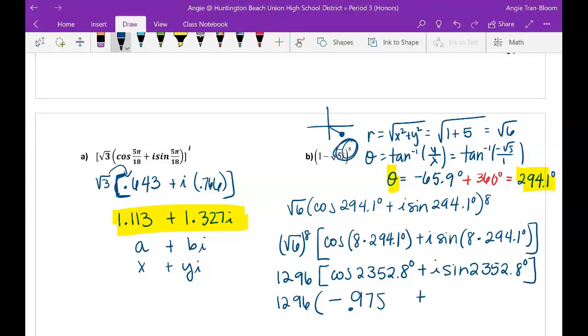Sine of 2352.8. Okay, and do double check my math. I want to make sure I'm on the right page here. So negative 0.222 if I'm rounding it to 2 decimal places.